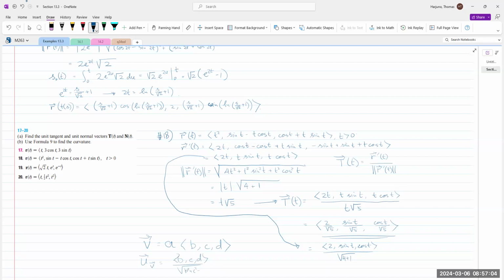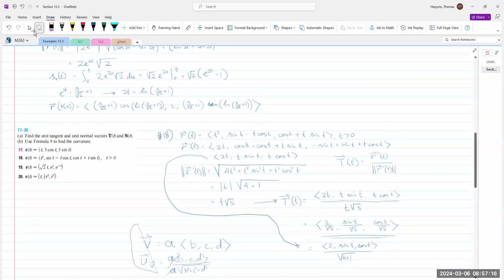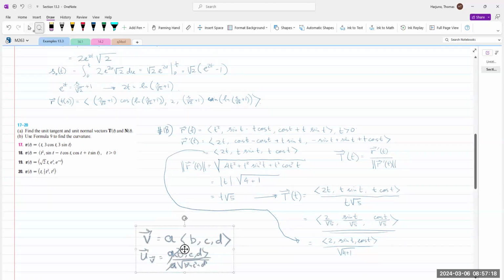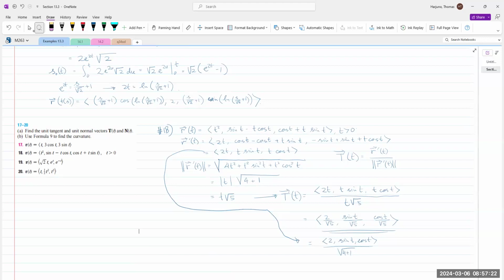What happened to the a terms? Because that's a common factor, it will be divided out by the common factor a. That's actually a very useful hint in finding the unit factor.